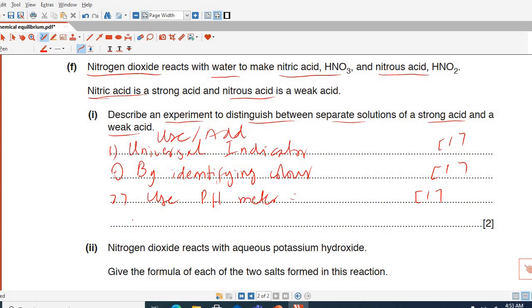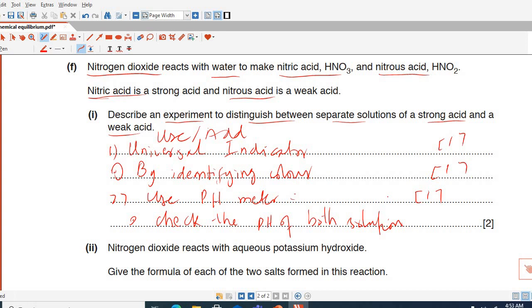And then the second point you will write that when you have added the pH meter into both of the solutions, what will happen? Now you people have to check the pH of both solutions, right?